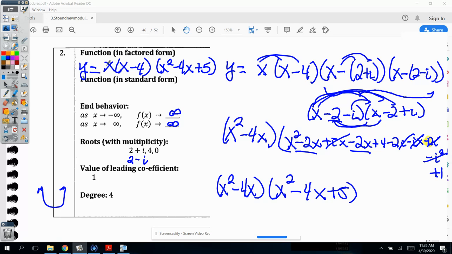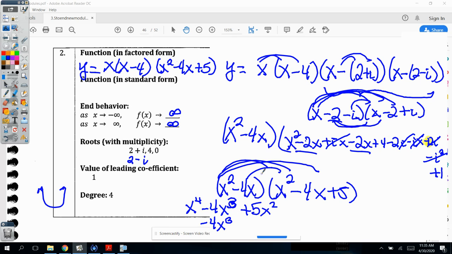Now we would have to multiply these two and triple distribute again to get it in standard form. So I'll do that next. You could do the rectangle if you want. x to the 4th minus 4x to the 3rd plus 5x squared, minus 4x to the third, I'm going to put that here, plus 16x squared minus 20x.